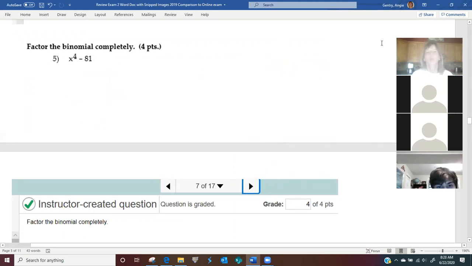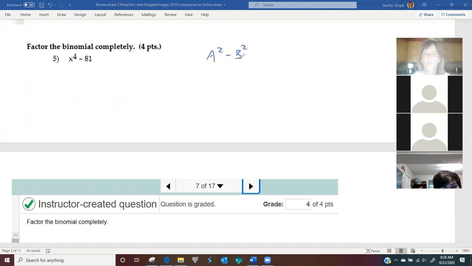Oh, okay. So let's look at this one, for example. It doesn't have numbers here, so it's kind of lame. But I say factor, you say greatest common factor, is there one? Then you say no. Then you say, what is it? Oh, it's a binomial. Is it maybe a difference of squares? So a squared minus b squared, that's that difference of squares.